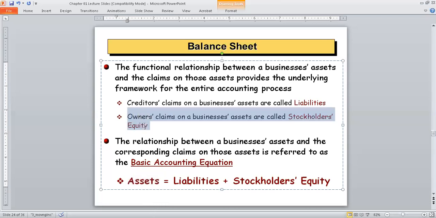Now, theoretically, owners have a legal claim as well, represented by equity. But it's what we call a residual claim. As I mentioned on Tuesday, the obligations that a corporation owes to its shareholders, not much. Shareholders of a corporation just cannot force the corporation into bankruptcy.